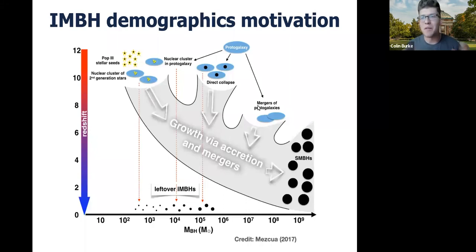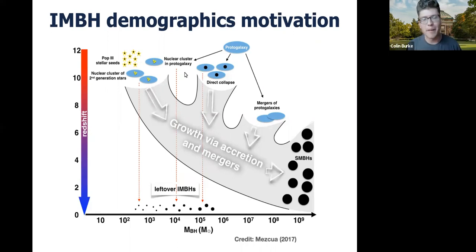And so there are all kinds of different ideas for how you can get these seed black holes to form at higher redshifts, like direct collapse of gas clouds in the early universe or population 3 stellar remnants. And then those things can evolve across cosmic time. There are people here who are thinking about this, who are experts, and I'm not one of them.